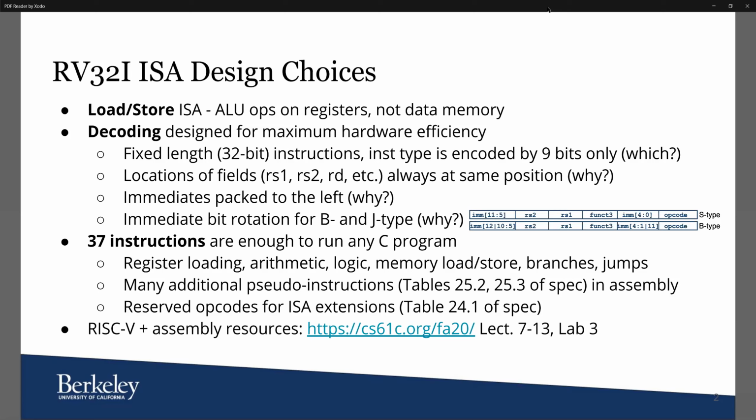Then the next part is that the decoding in this ISA is designed for maximum hardware efficiency. What do I mean by this? The most basic thing is fixed length 32-bit instructions. When you have fixed 32-bit instructions, as opposed to some other ISAs which have variable length instructions, what does that afford you? Anyone want to give a guess? Anyone have an idea why all instructions are 32 bits?